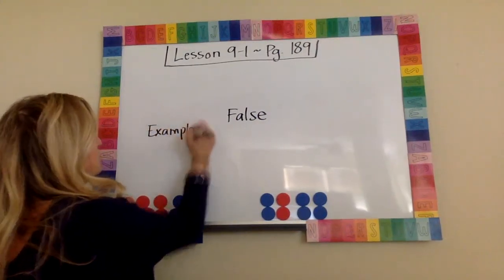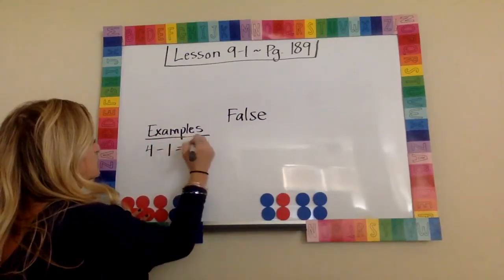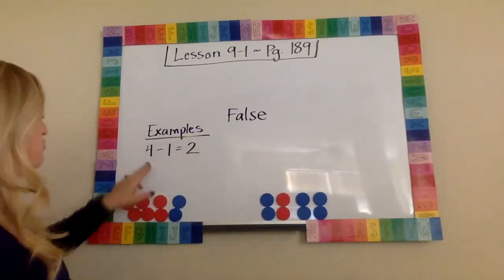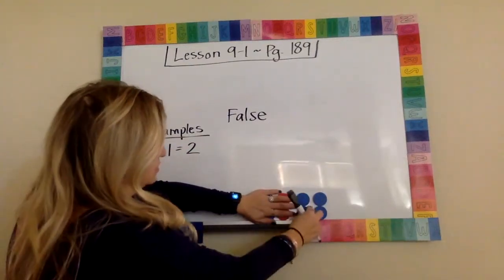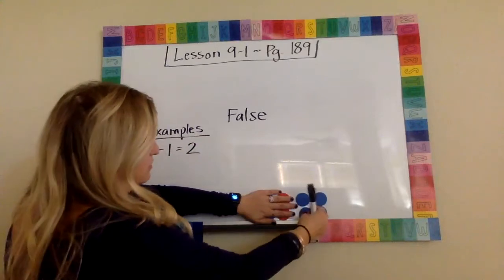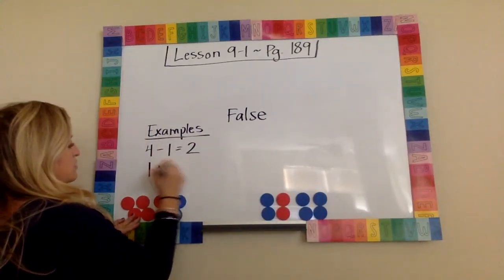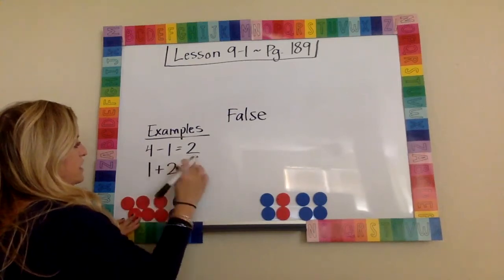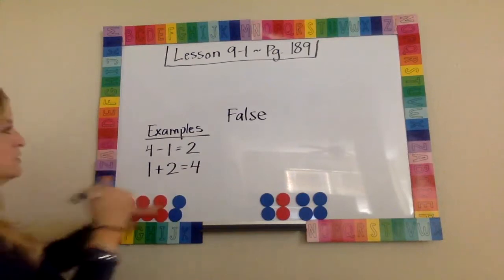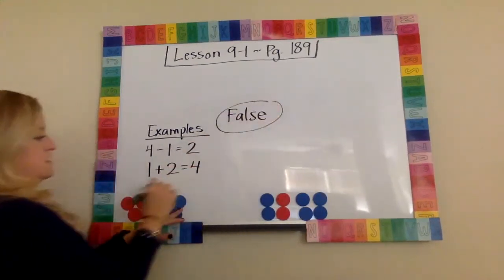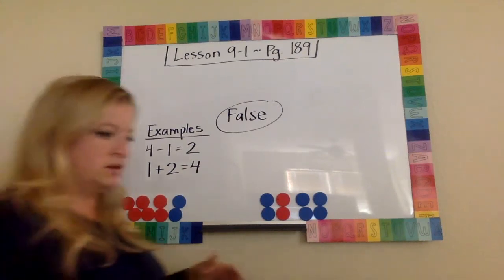Some examples of false would be what? 4 minus 1 equals 2. We know that 4 minus 1, if you have these 4, and you take away 1, you actually get 3. So that's false. Same thing, if you do 1 plus 2, it equals 3, not 4. That's false. Okay, that would be an example of a false addition equation. It's not true. It's wrong.